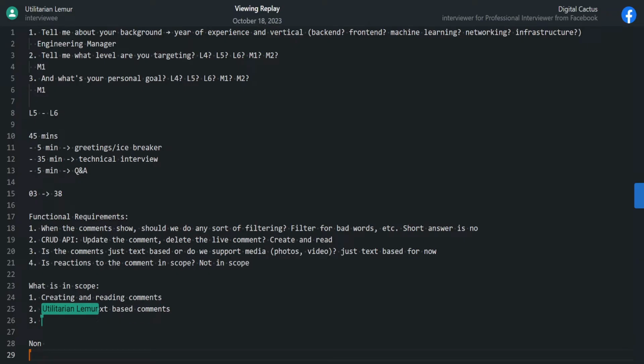Third one is along the lines of ordering comments by time. Based on what time is posted, we just ensure that those comments come in over here. And the fourth one, I think you also mentioned this, is where someone is typing. That is in scope as well.